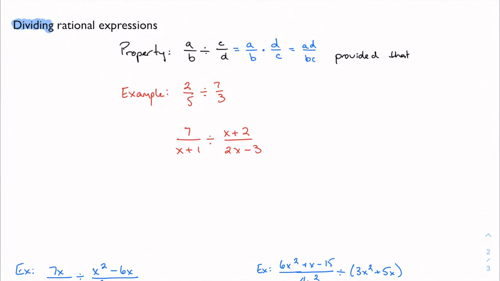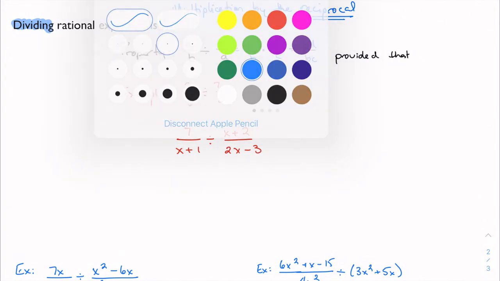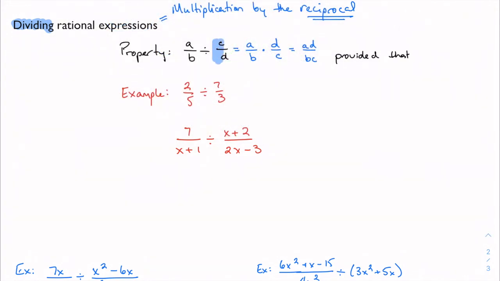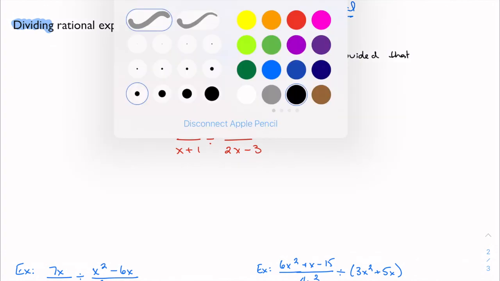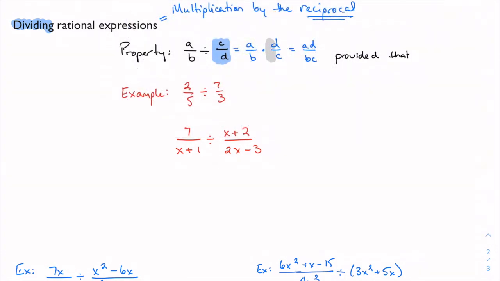So division of rational expressions is the same as multiplication by what we call the reciprocal, which means I've basically just flipped the fraction over, right? You see c over d, and you see its reciprocal, d over c, there.